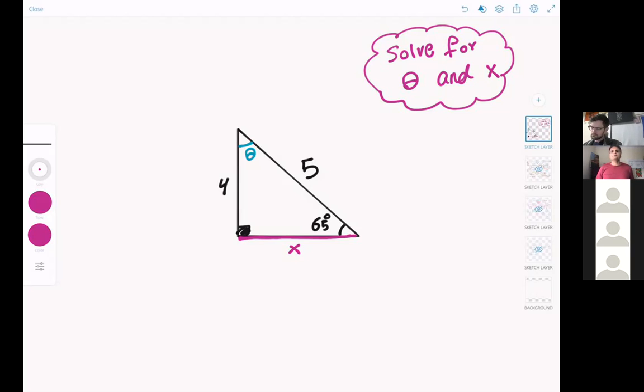Edison, how do we solve for theta here? You subtract 65 from 90. Very nice, Edison. So we are dealing with the right triangle.